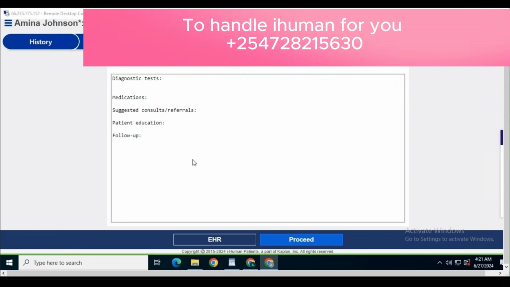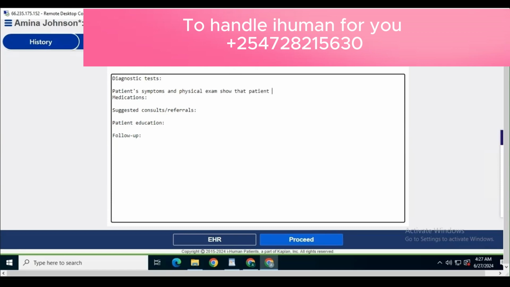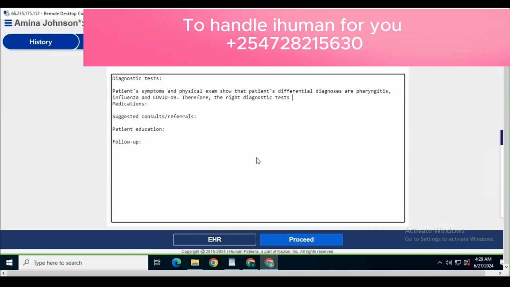Now in this case, for diagnostic tests, I suggested the 3 tests that were already carried out in this case. And then for medications, I gave 2 options, one of which is the Tylenol or acetaminophen that the patient already uses. Then I also suggested the amoxicillin. Then for referrals, there is no reason for this patient's referral.